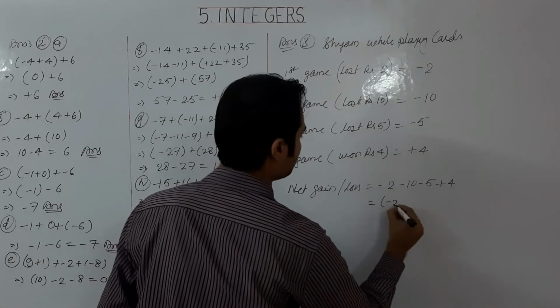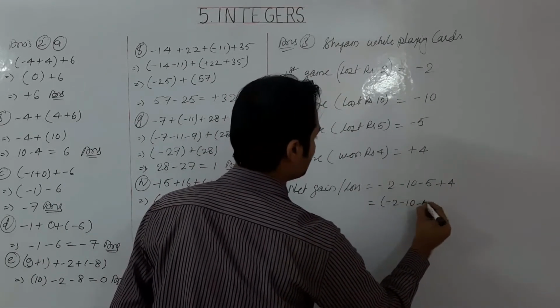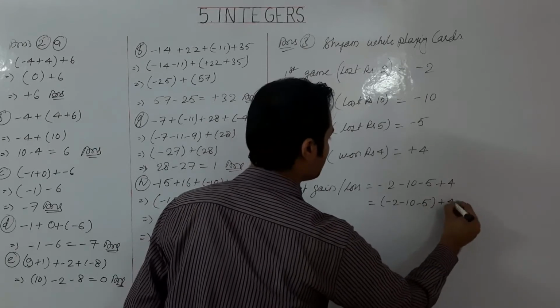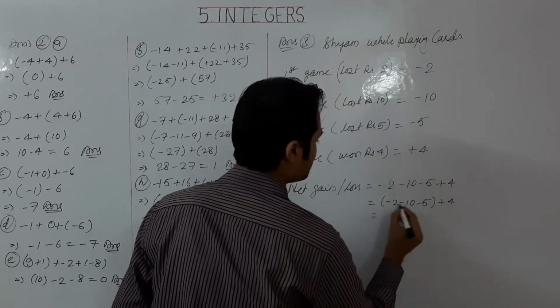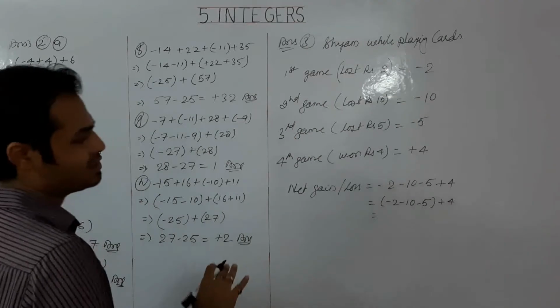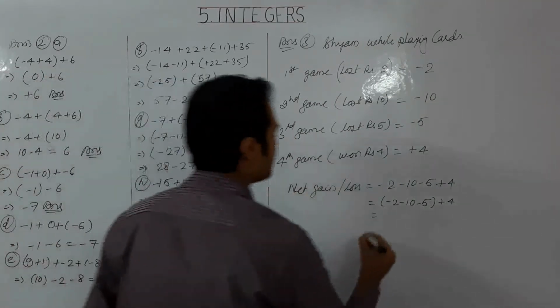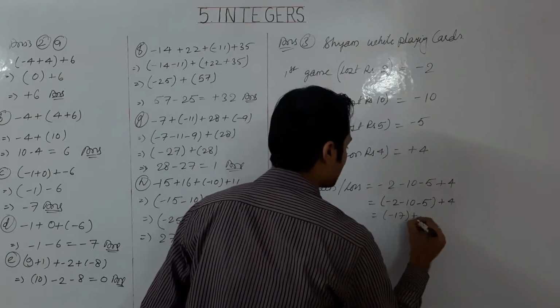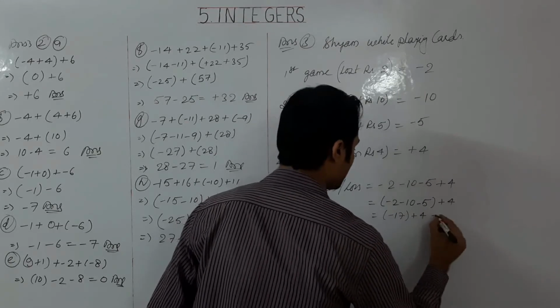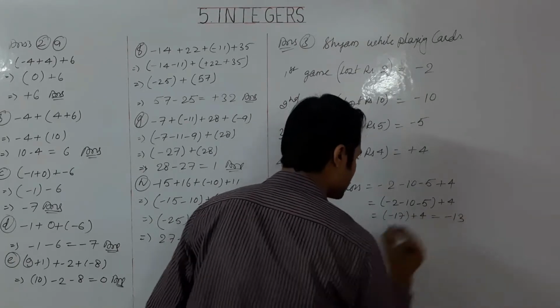So first the group of negative numbers and second the group of positive numbers. Minus 2, minus 10, minus 5. Minus 2 minus 10 is minus 12, and minus 17 plus 4 is minus 13.